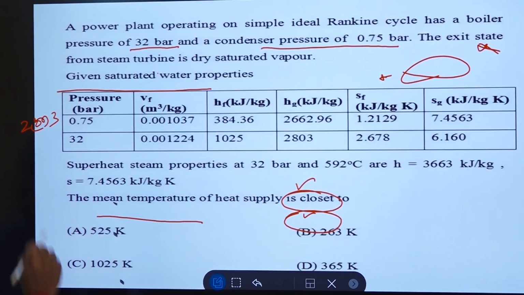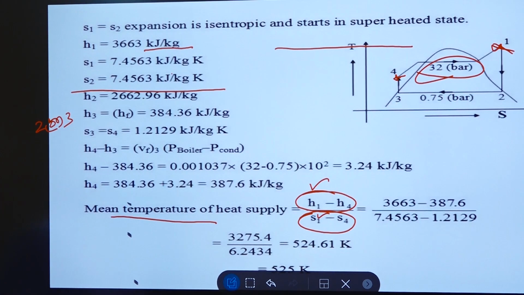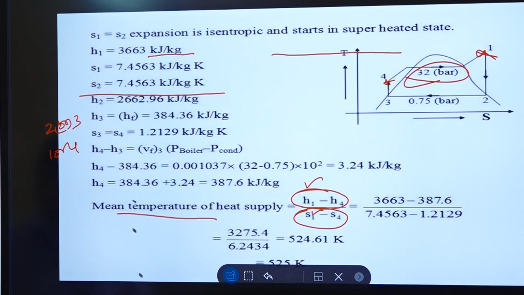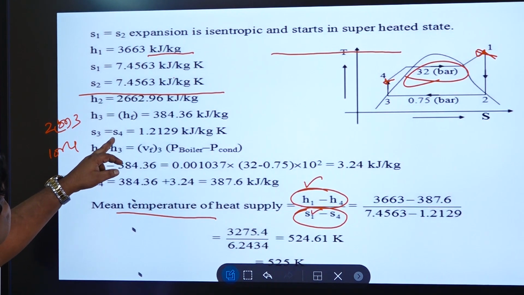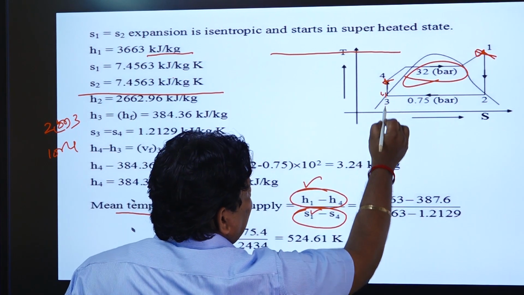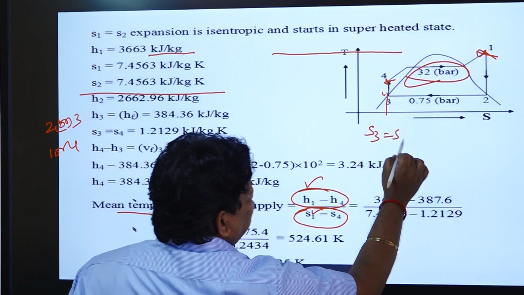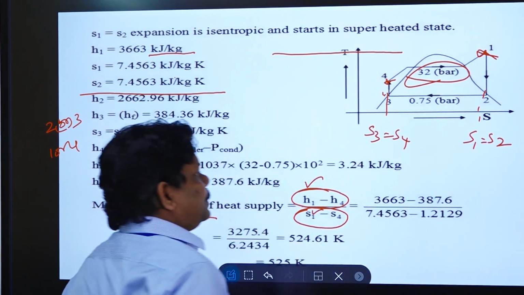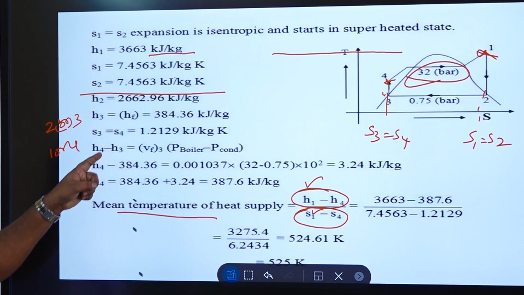And the superheated one, when you look at the diagram, represents 1 or 4. You can see that S3 is equal to S4, and S1 is equal to S2. So S4 is also given to you.